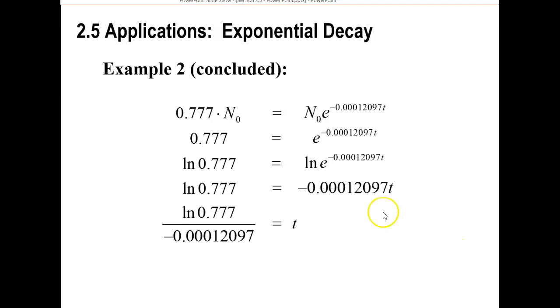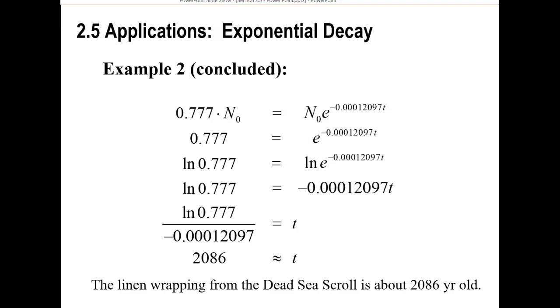And then you can divide both sides by this decimal in front of t. So on your calculator, when you calculate this, you get 2086, about. It looks like it's rounded off to that number. So the linen wrapping from the Dead Sea Scrolls is about 2086 years old.